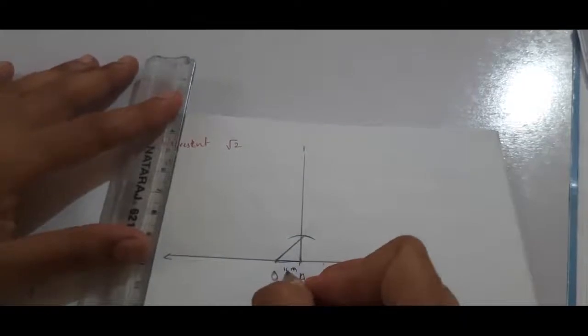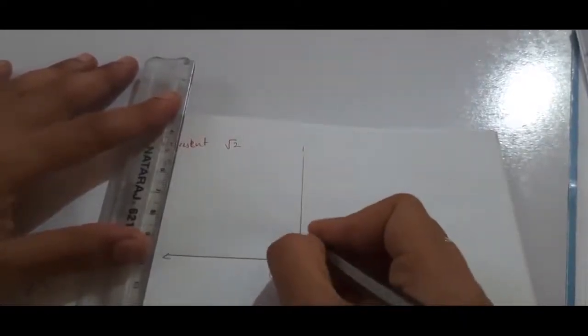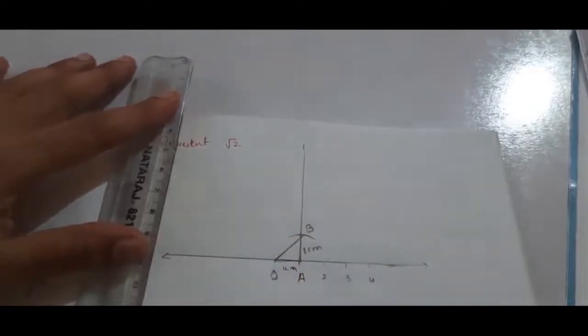See, this is 1 centimeter and this is also 1 centimeter. Write this point as B.